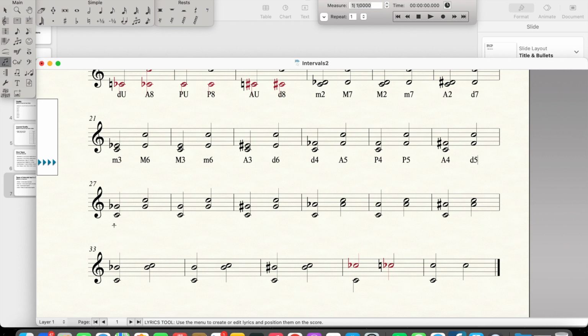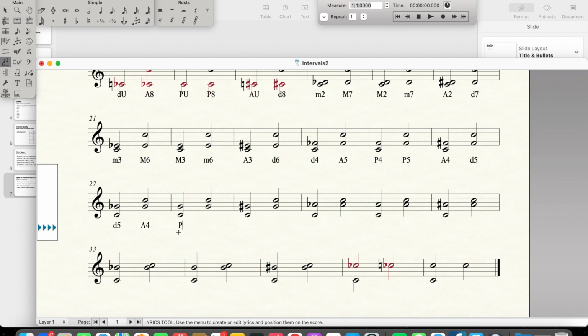Now its close kissing cousin here is a diminished fifth becomes an augmented fourth. All right. Now remember, enharmonically they sound the same, but the written note tells you the function.